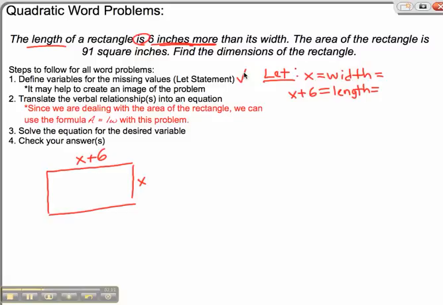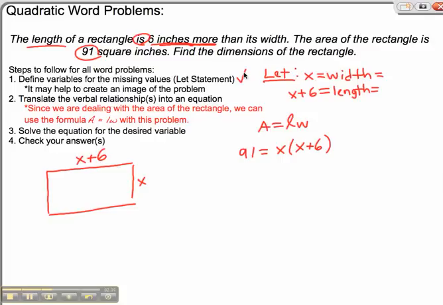The area formula of a rectangle is length times width. We know the area is 91. The length is x plus 6, and the width is x. So it's 91 equals x times x plus 6. Okay, good. So that takes care of the translating part.